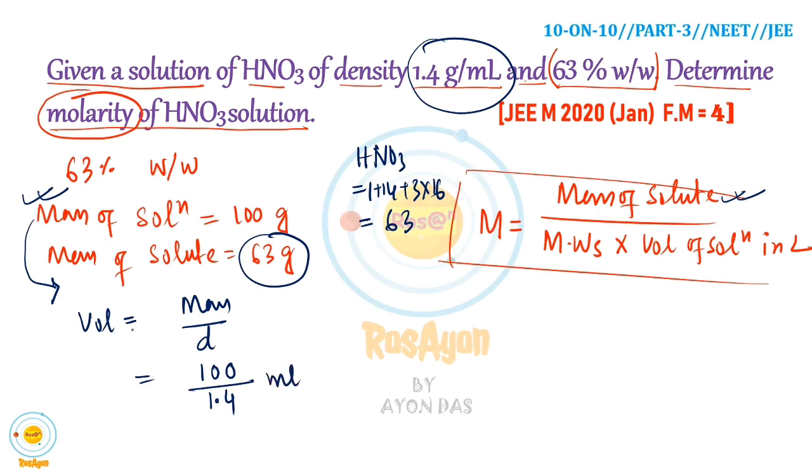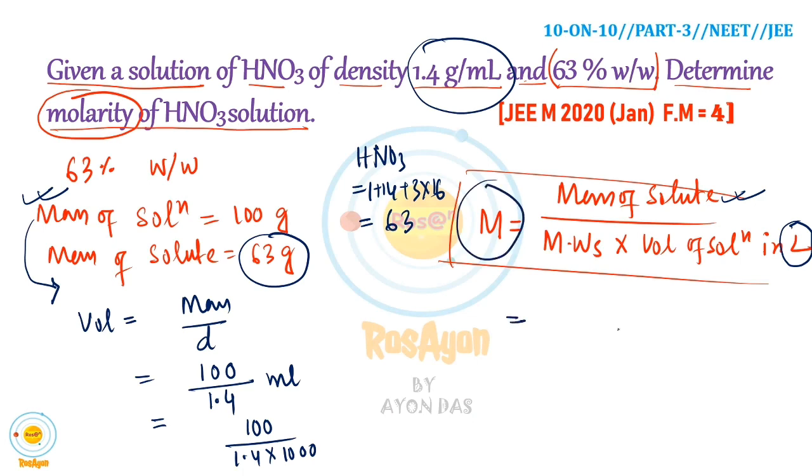The volume of this solution is 100 divided by 1.4 ml. But you have to determine the volume in liter. So if you convert it into liter, that is equal to 100 divided by 1.4 into 1000. That is clear.